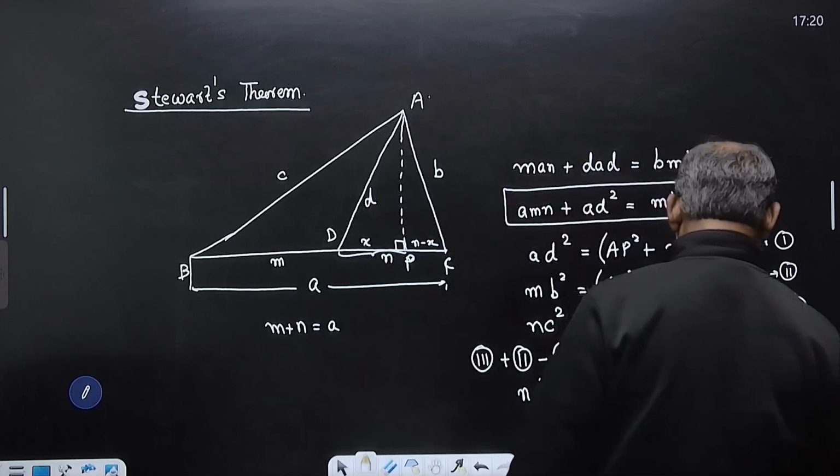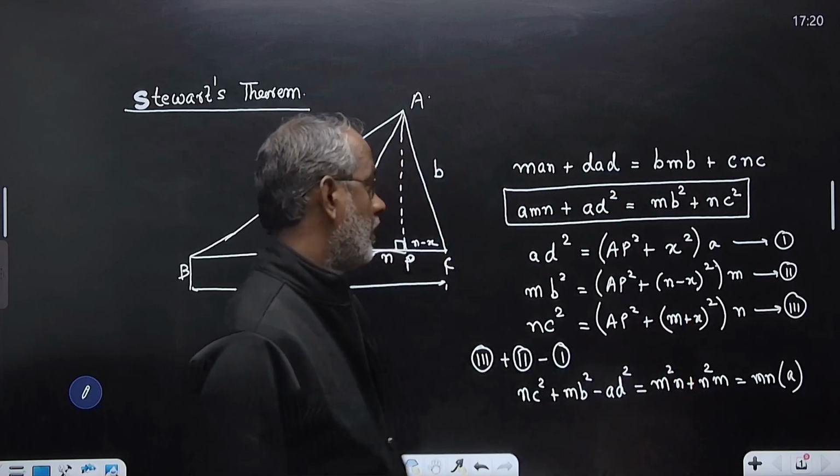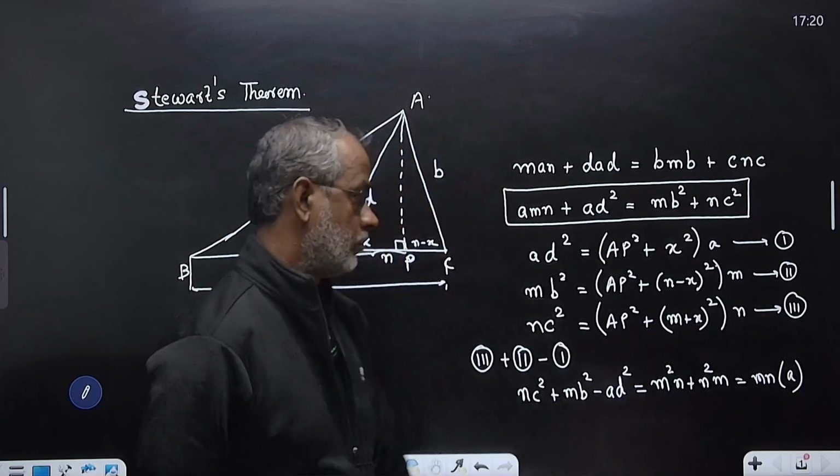This you can write as MN into M plus N, which is A. So AD square goes that side and you get Stewart's theorem.